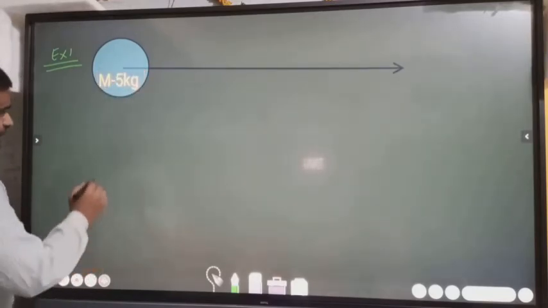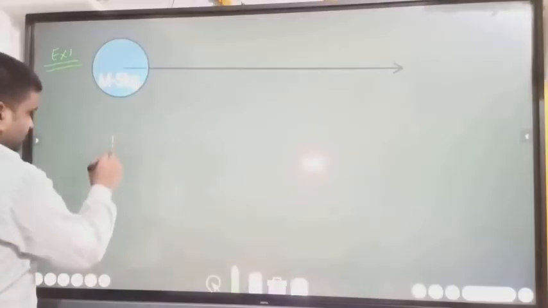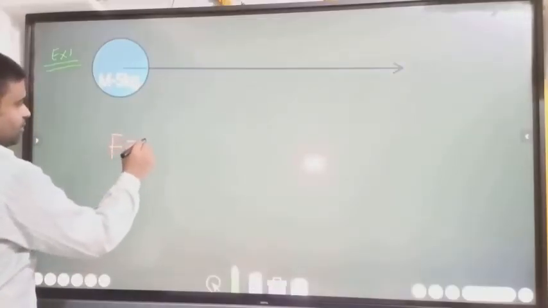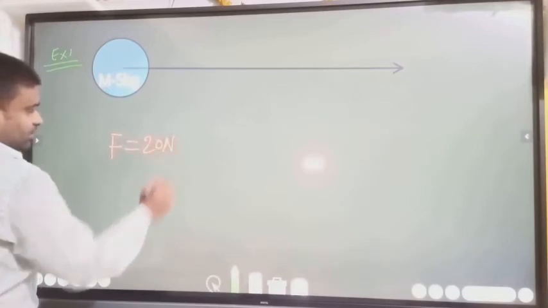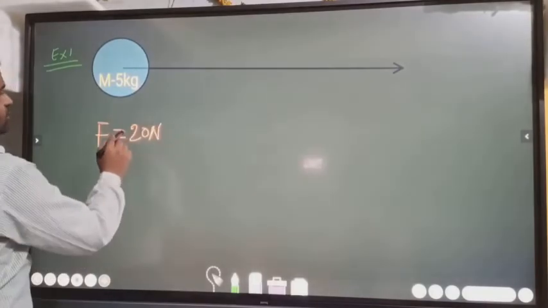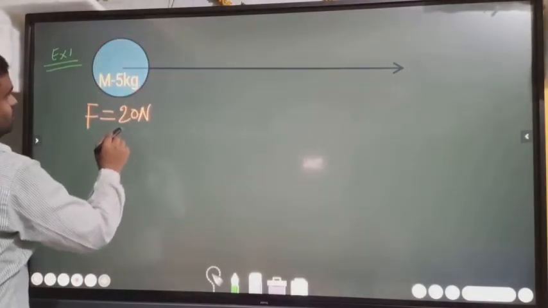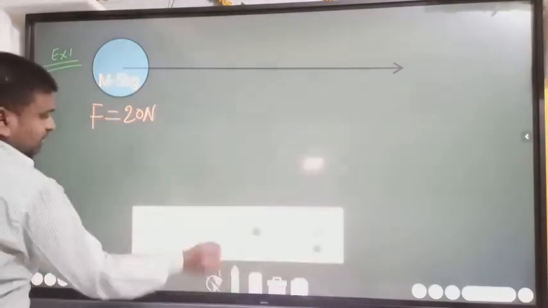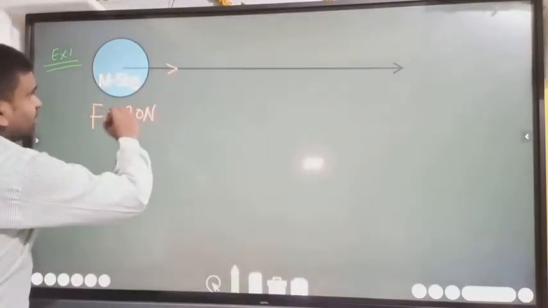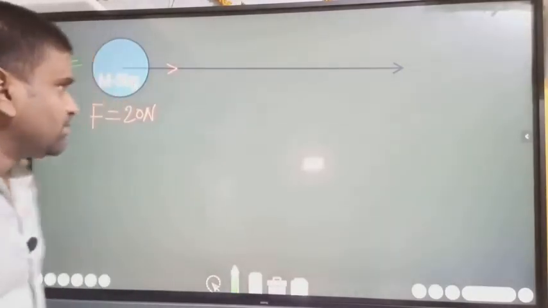The force acting upon this body is F equal to 20 Newton, because it is moving in the direction of this line.